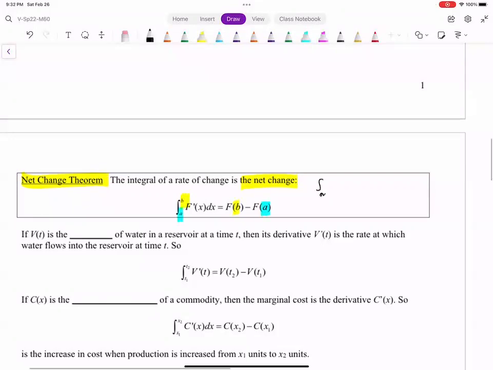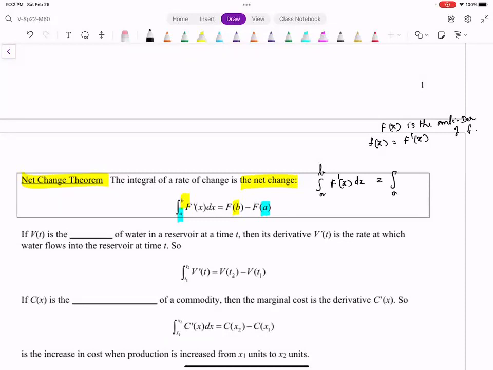What do we mean by integral a to b f prime x dx? What is the relation between uppercase F and the lowercase f? Lowercase f is the derivative of uppercase F because uppercase F is the antiderivative of lowercase f. So the derivative of the antiderivative will be the lowercase f.